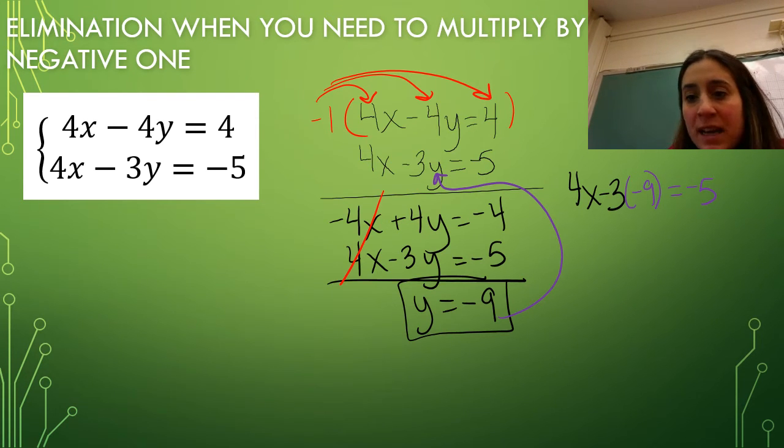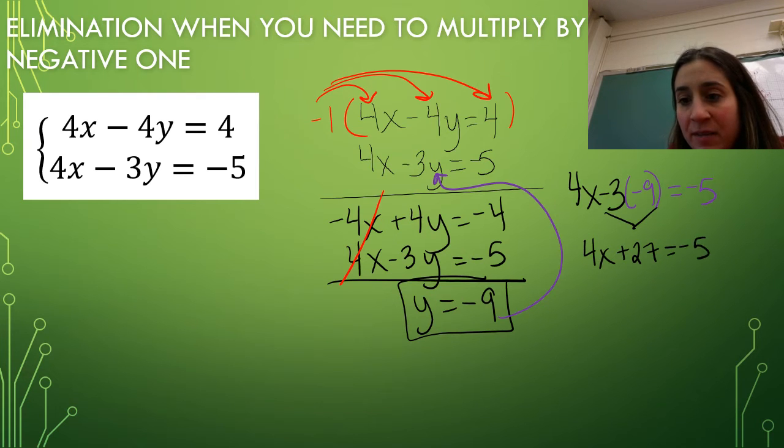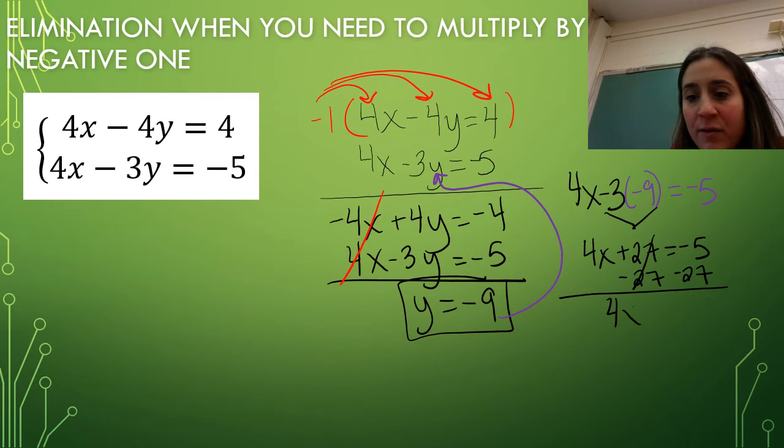Now I'm just going to solve this. Negative 9 times negative 3. So now I have 4x plus 27 equals negative 5. I'm going to minus 27 from both sides. Now I have 4x equals negative 32.